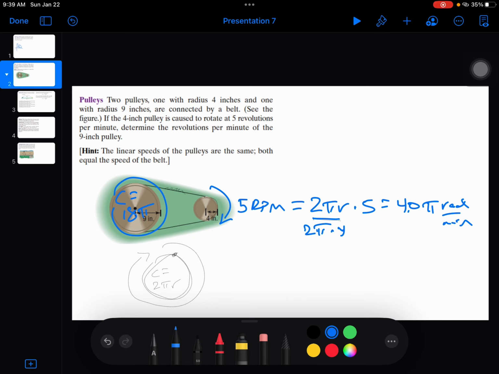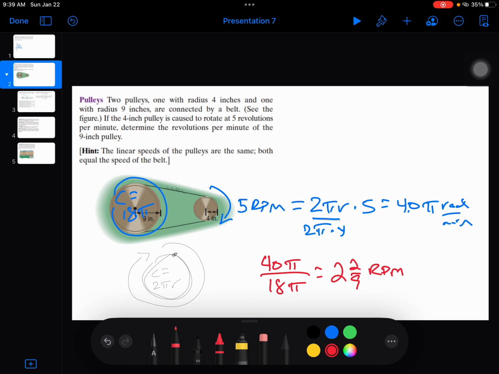And so if this pulley belt is moving 40 pi inches as the small pulley goes around 5 times, then we're just going to divide that. All we have to do is divide 40 pi, that's our total distance, by the number of times it'll go around that bigger wheel. It's going to give us 2 2/9 full rotations around the 9-inch wheel, so RPMs.